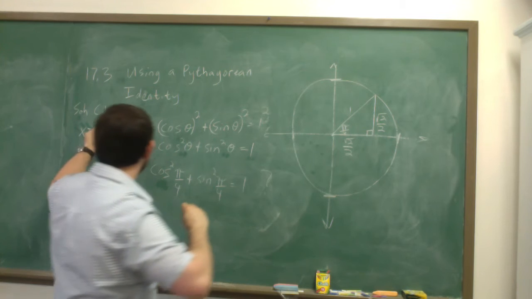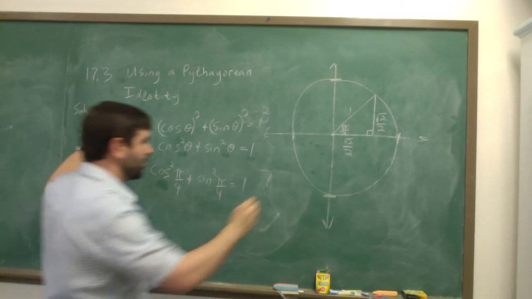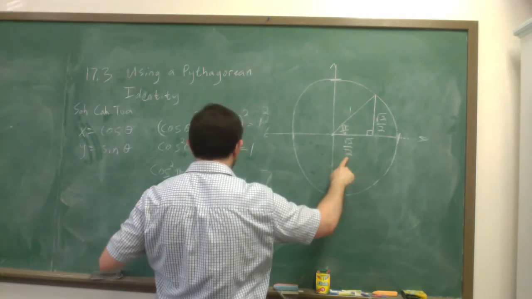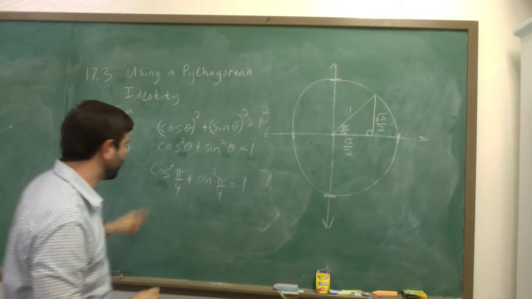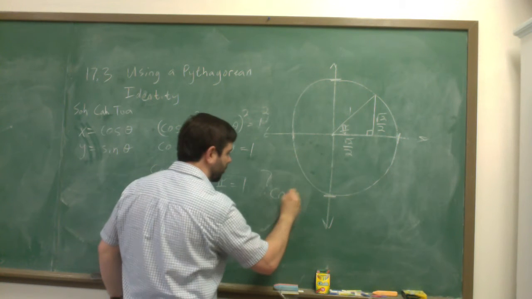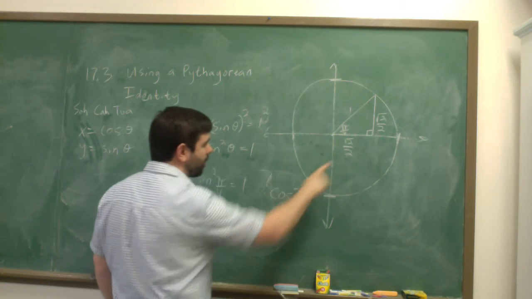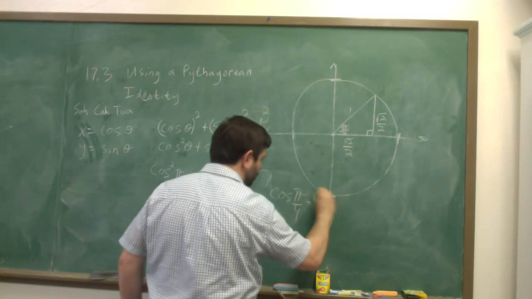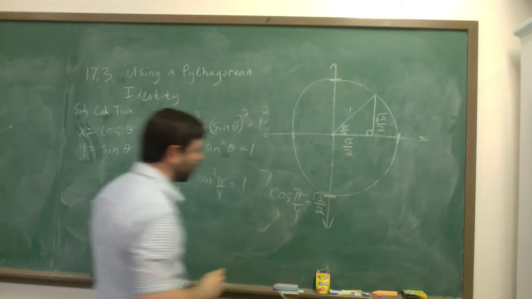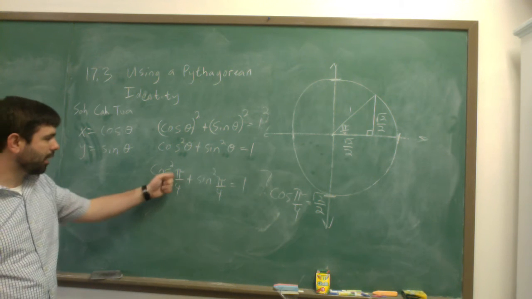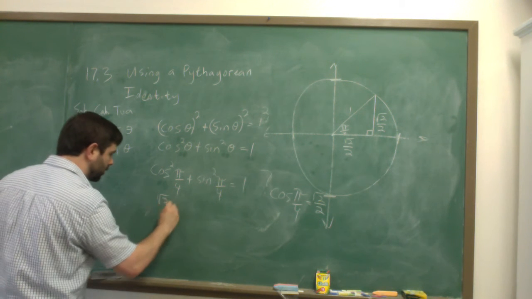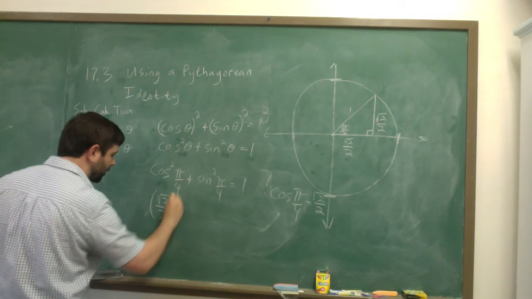Cosine is adjacent over hypotenuse, so cosine of pi over 4 is root 2 over 2, and we're going to square it.